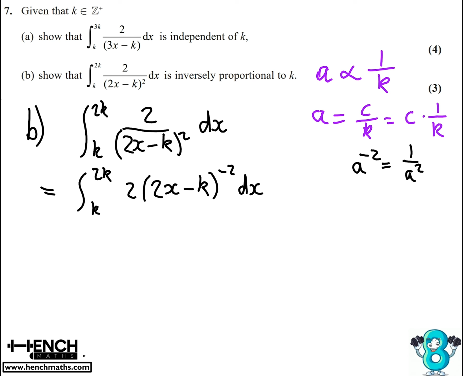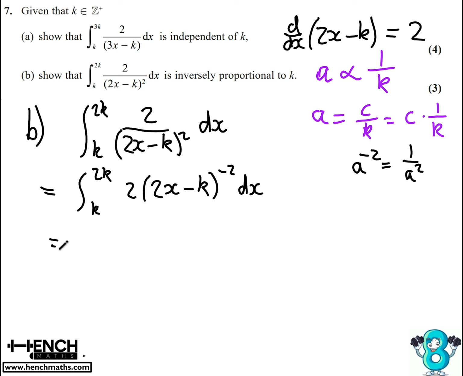Because the function 2x subtract k is a linear function, that means that we can integrate it as if it was sort of in the form x to the power of n. So add 1 to the power, divide by the power. We just have to remember to divide by the derivative. So the derivative of 2x minus k is just 2. So we've also got to remember to divide by 2. It's called reverse chain rule because if you were differentiating, you would multiply by 2.